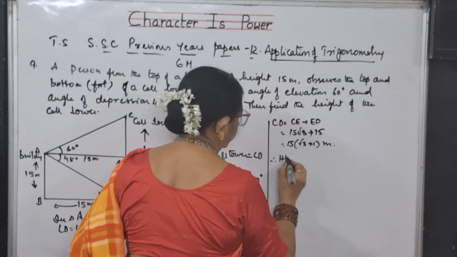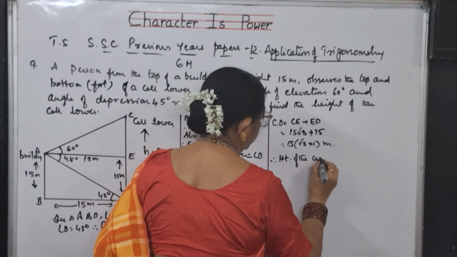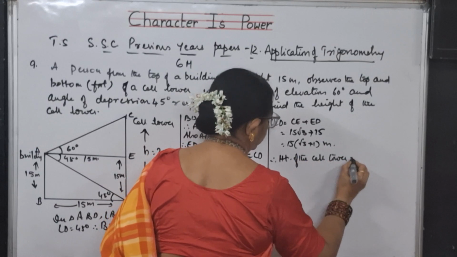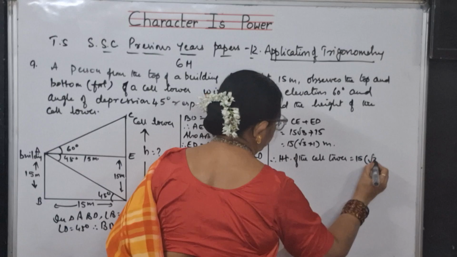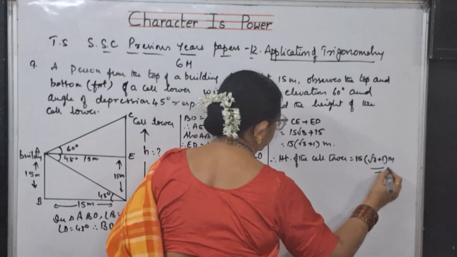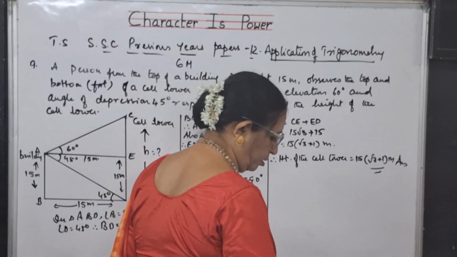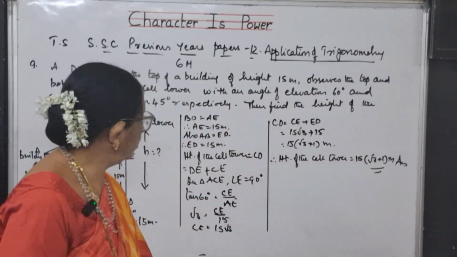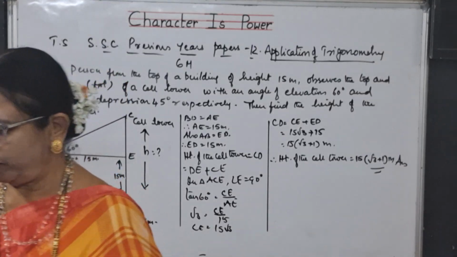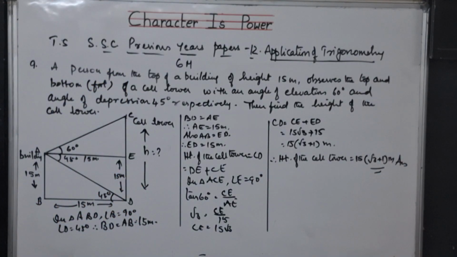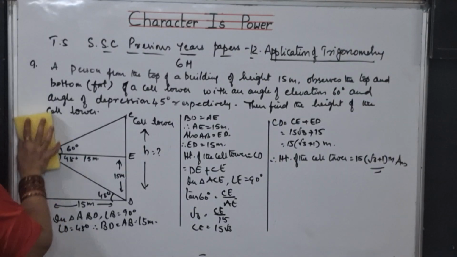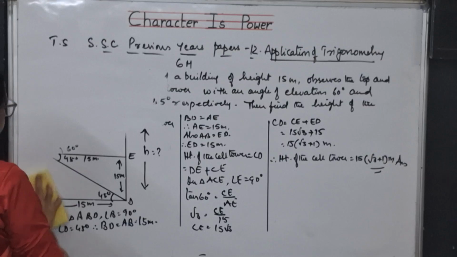So height of the cell tower is equal to 15 into root 3 plus 1 meters. This is the answer, children. Let's copy it. This is ninth problem. Now we'll see 10th problem.